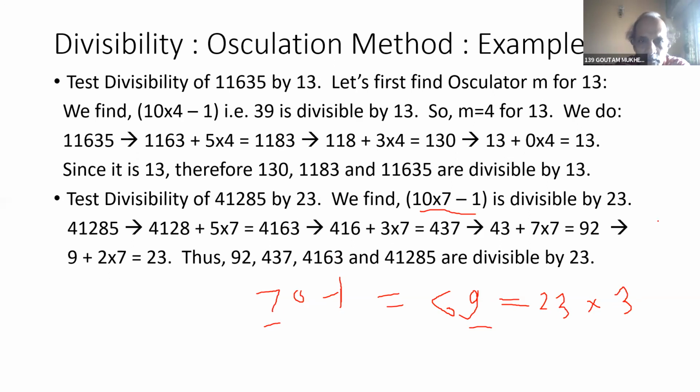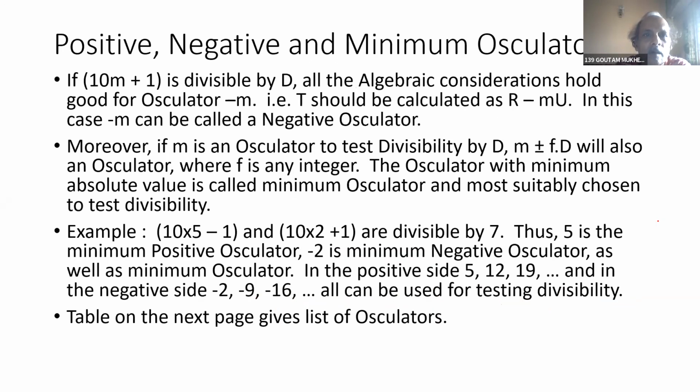Thank you, sir. So I come to the next one: positive, negative, and minimum oscillator. Sometimes it happens that, suppose I have to find the oscillator of 41. It will be the same logic.